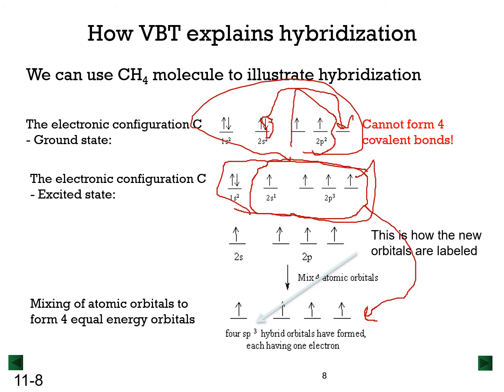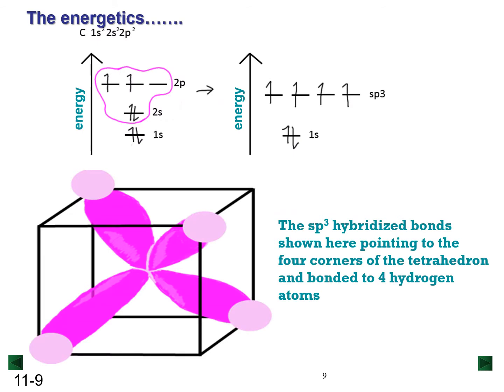As we can see here, the number of hybrid orbitals formed equals the number of atomic orbitals mixed.